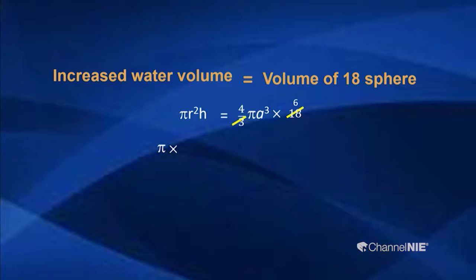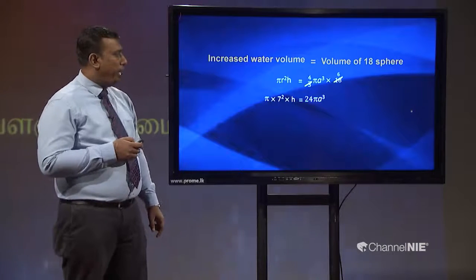Then next step, pi r squared of the cylinder, it is pi into 7 squared centimeters into height. What is height? Height is the increased water level height, then equal to 24 pi a cubed. 4 into 6, 4 and 6 multiplying gives 24 pi a cubed.